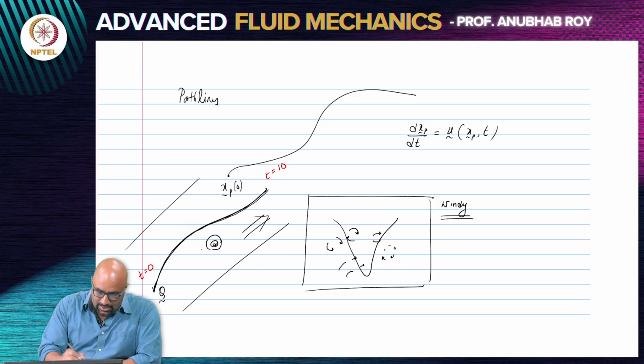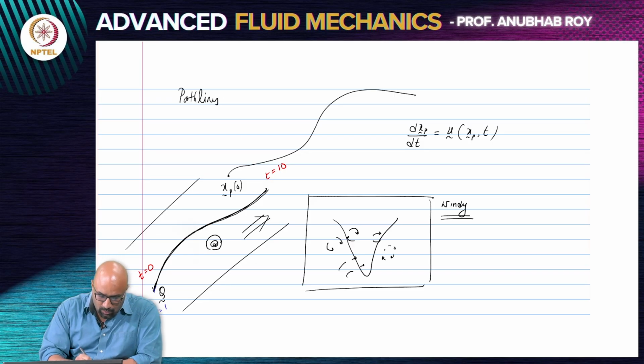At time t equals 1, you release another particle exactly at the same location. So at 1 unit later, you have released one more particle. Now, because the flow is unsteady, the flow that this particle experiences is not guaranteed to be the same as that experienced by the previous particle.